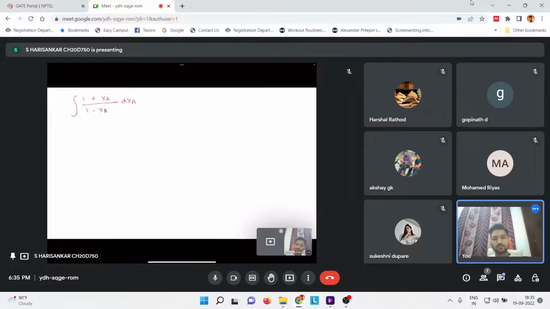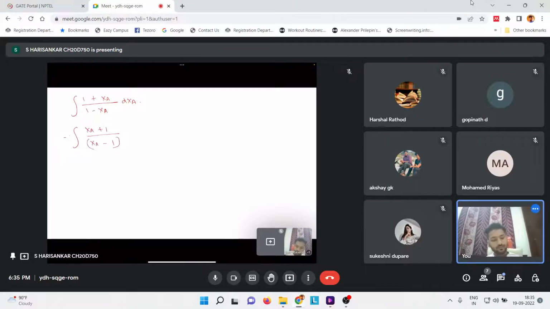What we have to do here is rearrange it like this: xa plus 1 by xa minus 1, and take the minus sign outside.